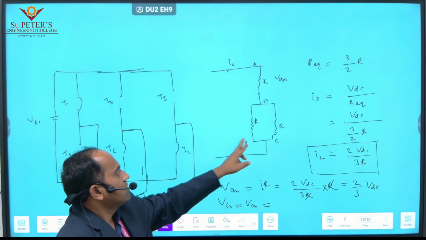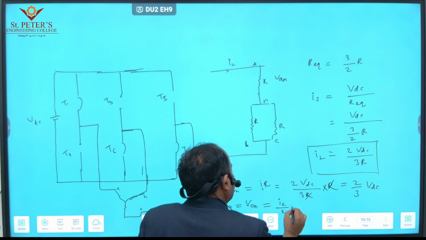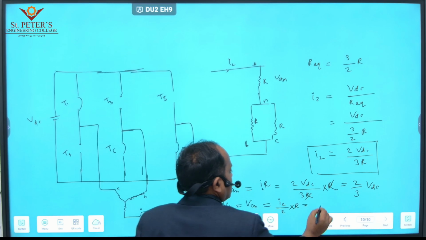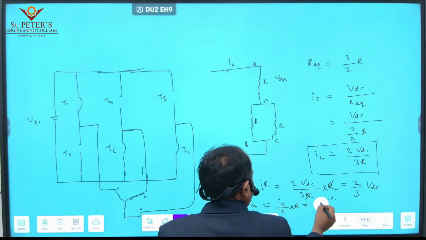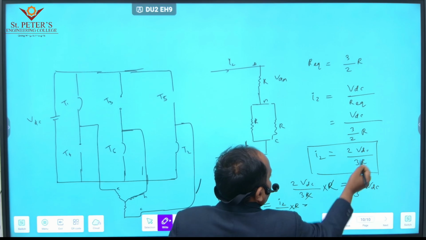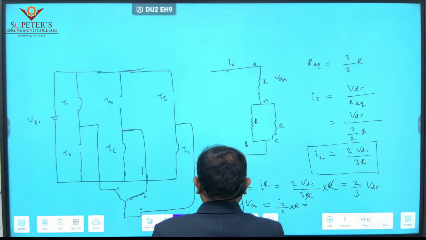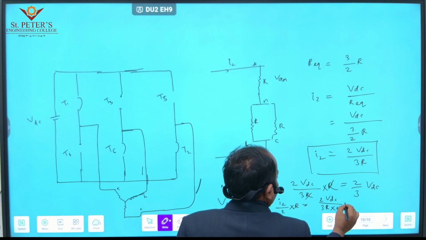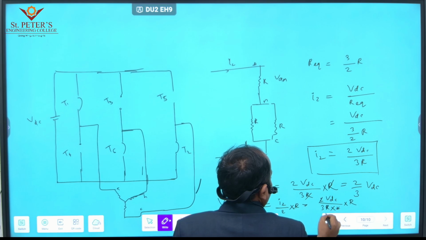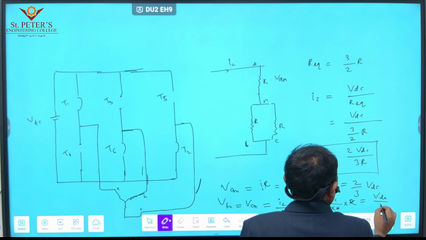So the voltage is I2 by 2 into R, where I2 is 2 VDC by 3R, divided by 2, into R. So 2 cancels, R cancels out, and we get VDC by 3.